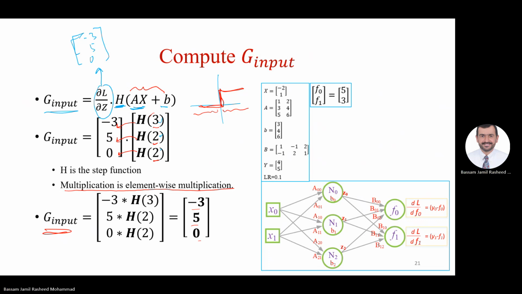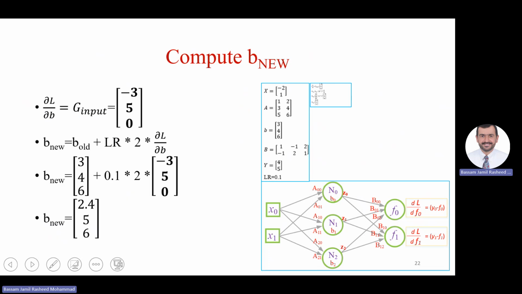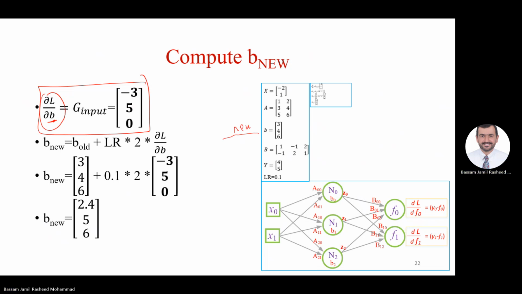All right. Now we take that and we know that the delta L over delta B, the biases, is equal to G input. So this is the delta L over the delta B. Now I can compute the new value for the biases. So the new value equals what?